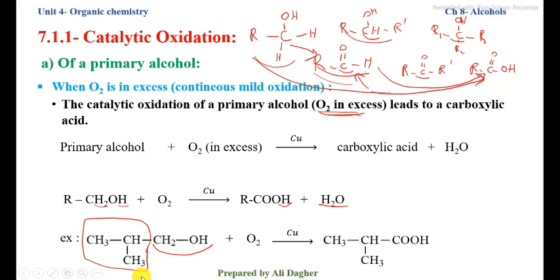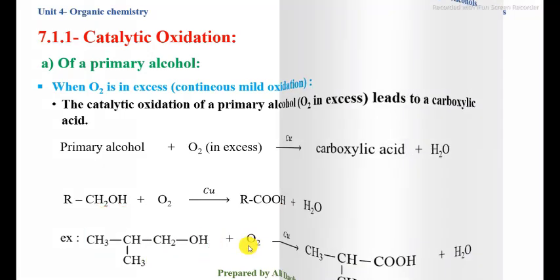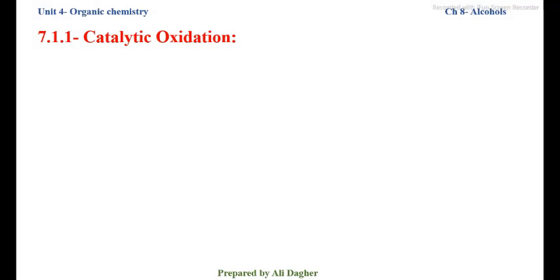Now we balance. We have 3, 6, 7, 9, 10 hydrogen in reactant. We have 3, 6, 7, 8. We need 2 hydrogen, so we add H2O. Now we have 2, 3 oxygen. Here we have in reactant 1 and O2, 3 oxygen. This is the catalytic oxidation of primary alcohol.